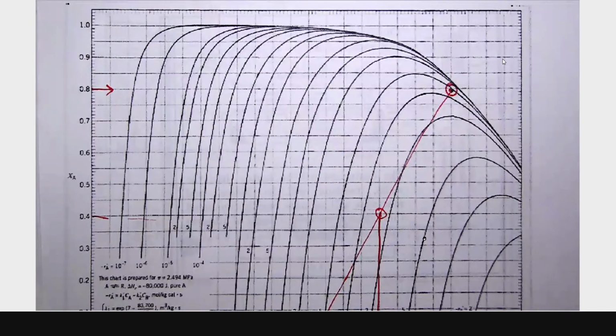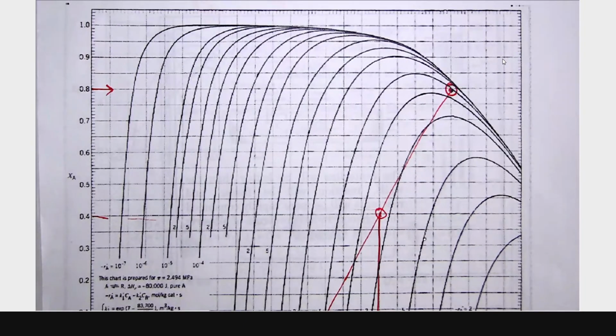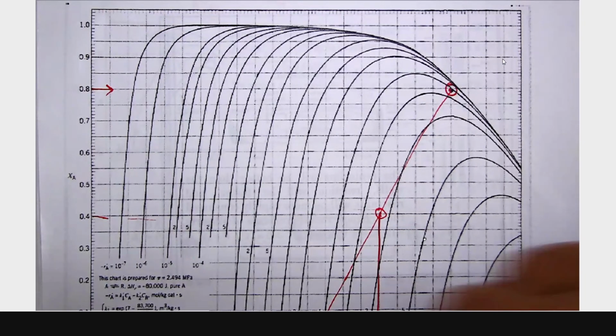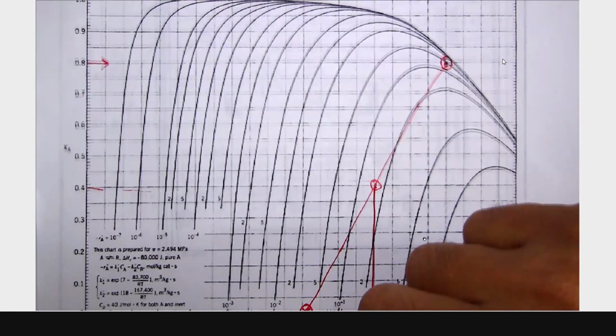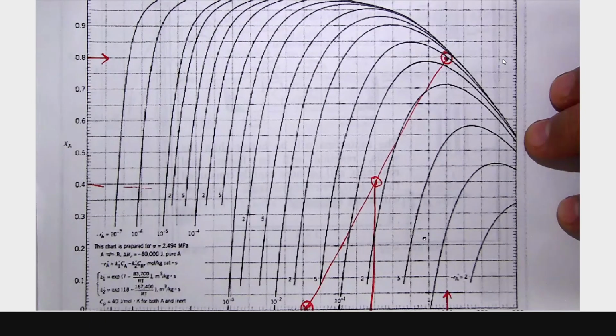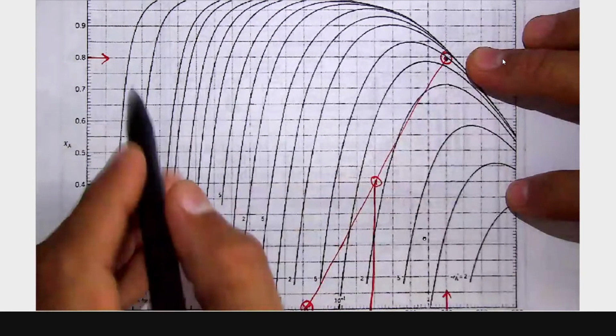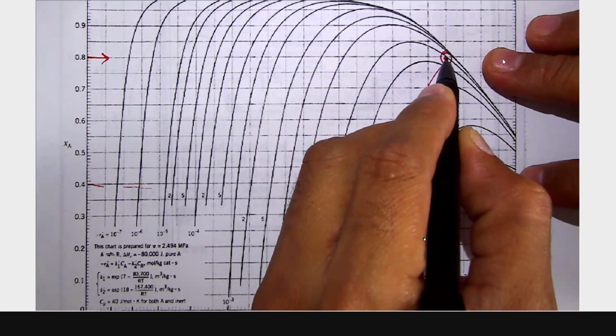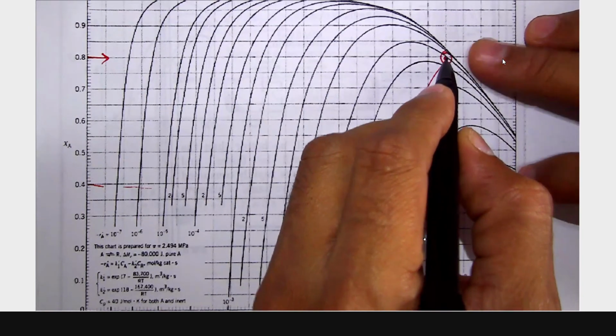Before examination, I will give the list of the figures that you have to keep ready, an enlarged Xerox of those figures. Here the temperature we have taken is 800 degrees, which is less than the maximum allowable temperature, and the conversion we are getting is 0.8, that is 80%. So we are getting this particular point. Now from this particular point, with your slope of what?